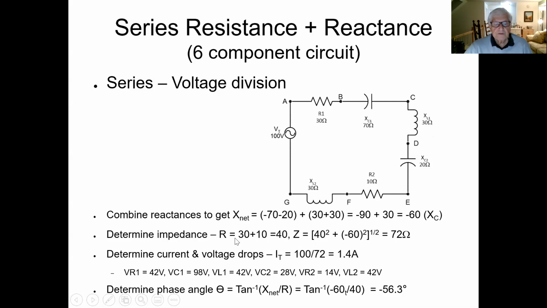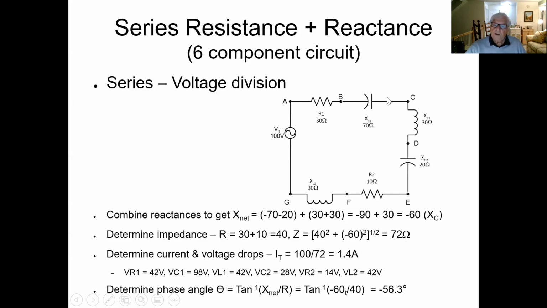Determine the impedance, where R is equal to 40. So again, 40 and 60, giving us 72 ohms. And the current and voltage drops. The current is 100 divided by 72 ohms, 1.4 amps.